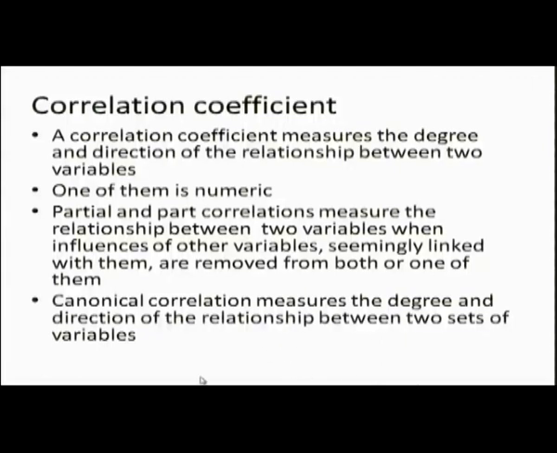There is also a term you will find in literature, canonical correlation, which measures the degree and direction of relationship between two sets of variables. Here we are not calculating correlation between two variables, but between one set of variables and another set.